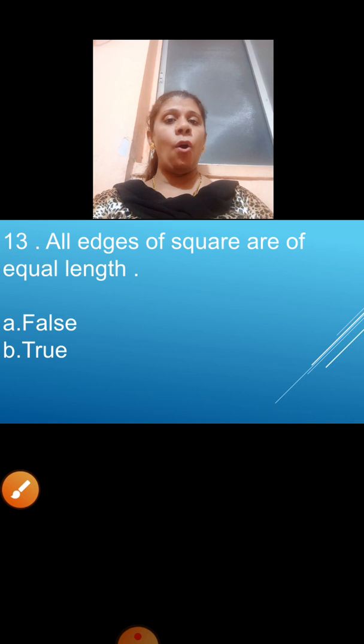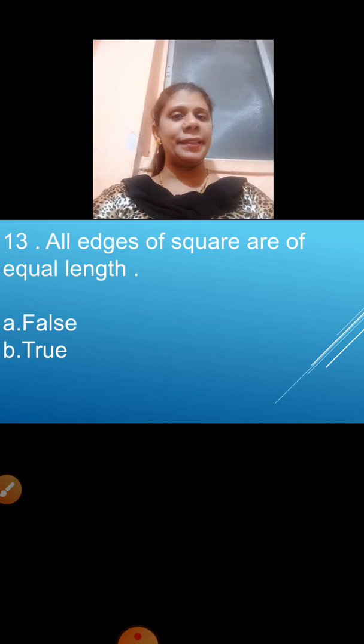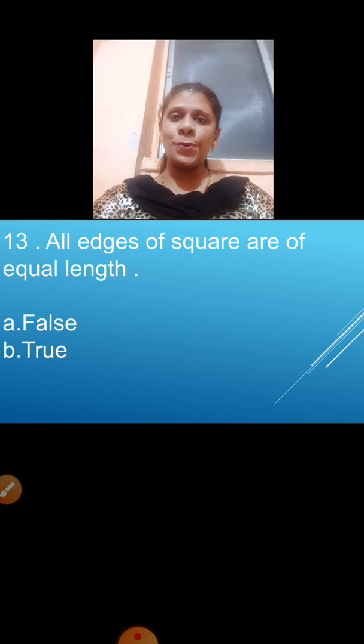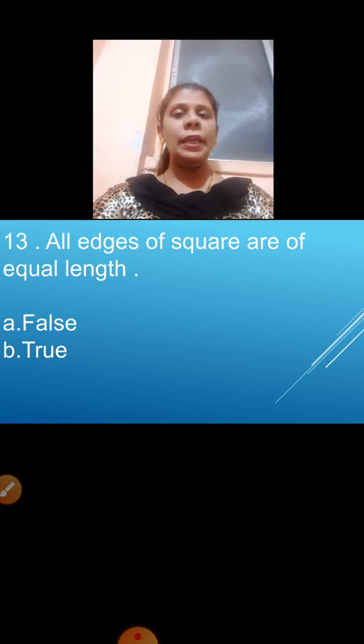Next. All edges of square are of equal length. False, true.